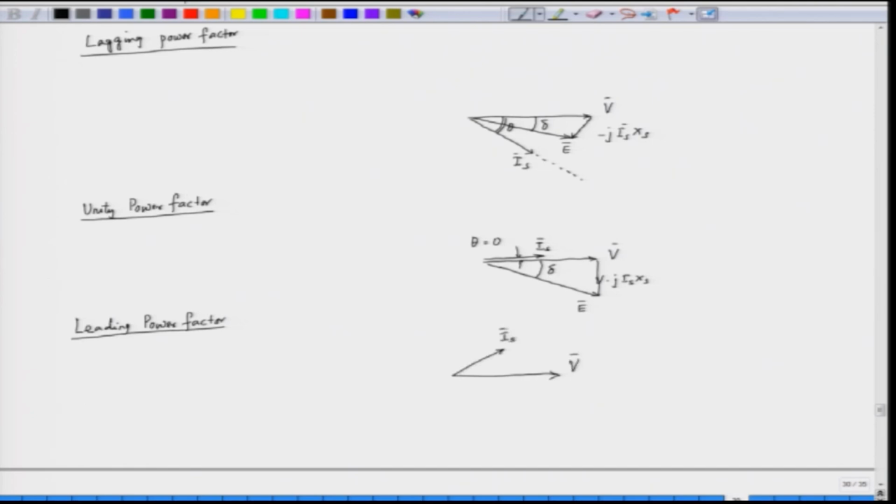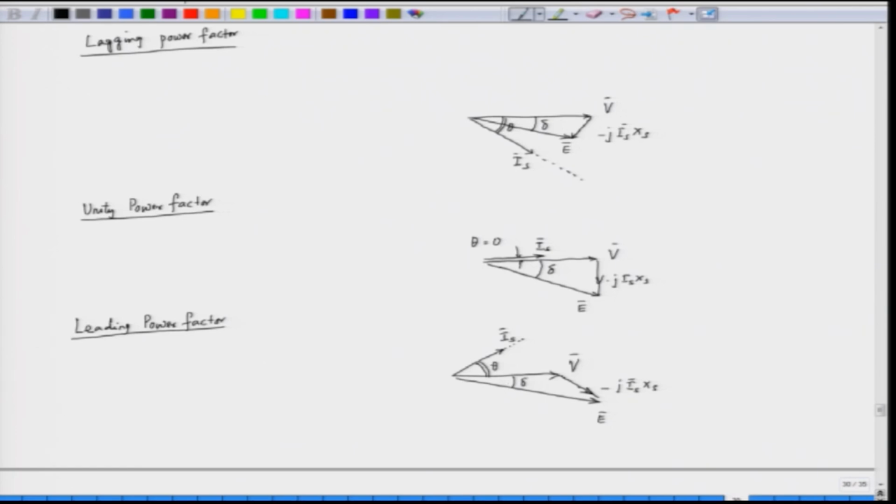So, Is leads the voltage by an angle theta, and what about the drop across the reactance? We have to see that this makes a 90-degree angle here. So, this is the drop across the reactance. This is minus j Is Xs, and if we join these 2 points, we get E here, and this angle is delta, the torque angle, and E again lags behind the voltage by an angle delta.